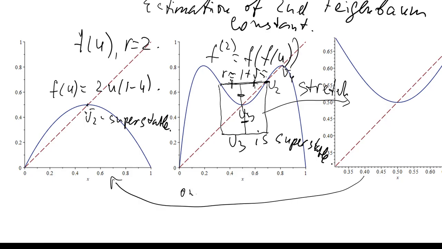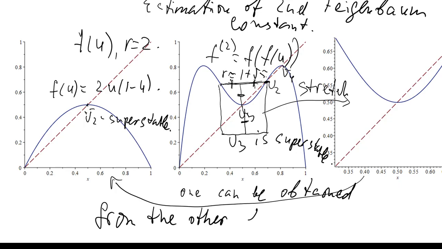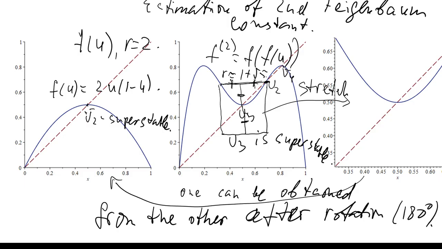One can be obtained from the other after rotation, well, 180 degrees. Yeah, so it's more or less evident what we get here. And now I want to represent this observation mathematically.